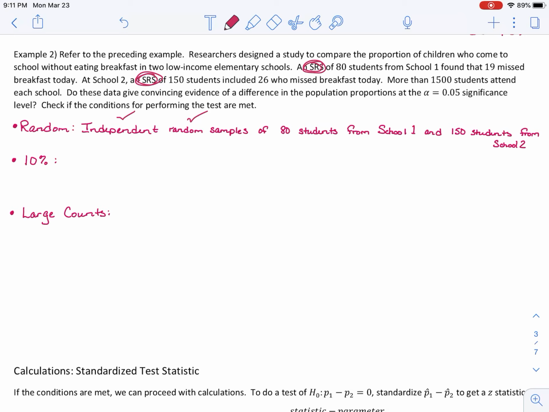So for the 10% condition, I'm going to make sure that we have essentially a small enough group. So 80 is actually less than 10%, since there are more than 1,500 kids here. So this is definitely less than 10% of all the students at school 1. School 2 also passes this test.